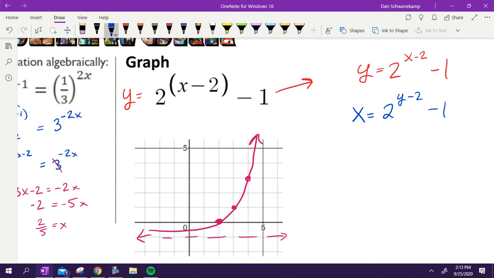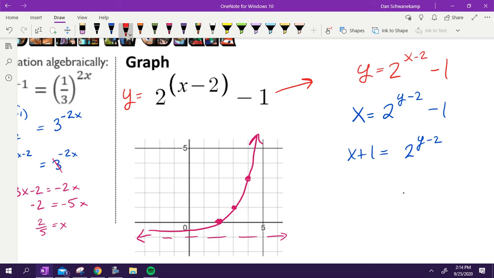We were trying to get y by itself, so I did that. Now I'm going to solve. I flipped x and y, and I'm solving for y, so obviously I'm going to add 1. Then I want to get y by itself. It's 2 to that power. How do I get rid of the 2 to that power? What's the inverse of that, William?